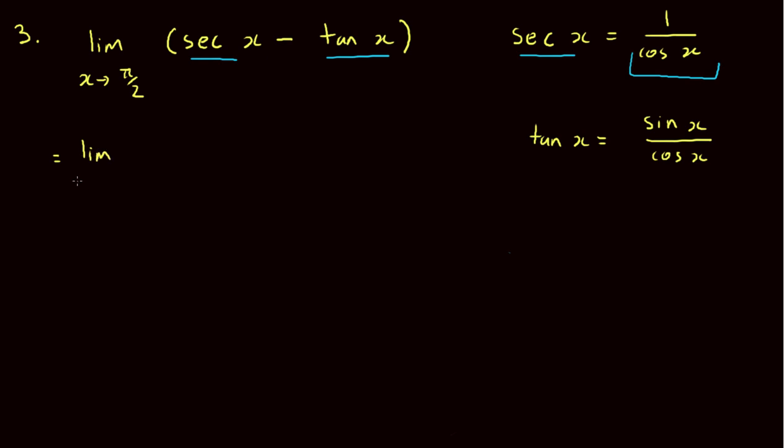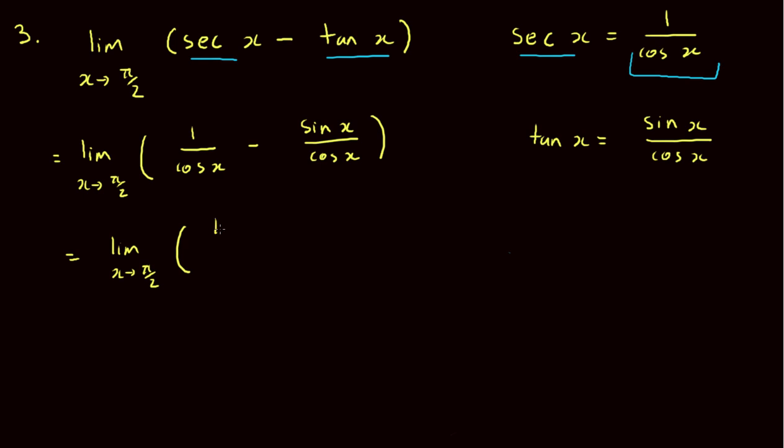The limit as x approaches pi over 2 is simply 1 over cosine x minus sine x over cosine x, so it's quite simply 1 minus sine x over cosine x.